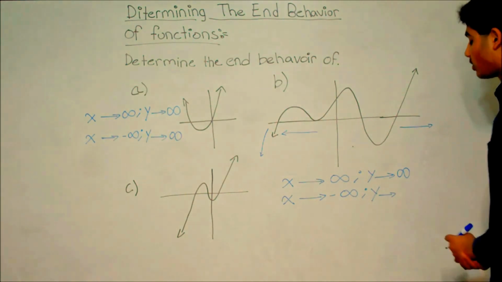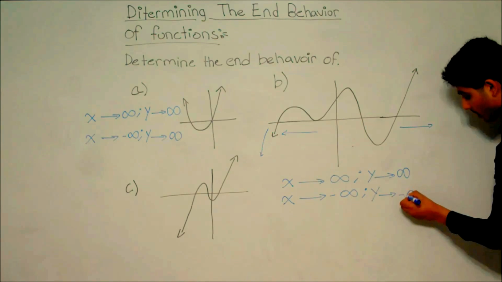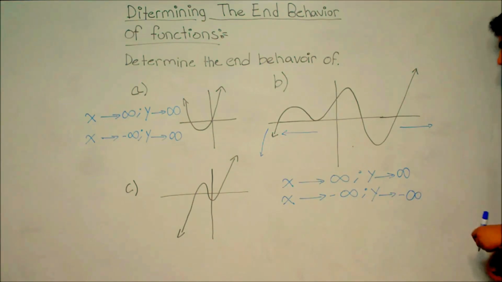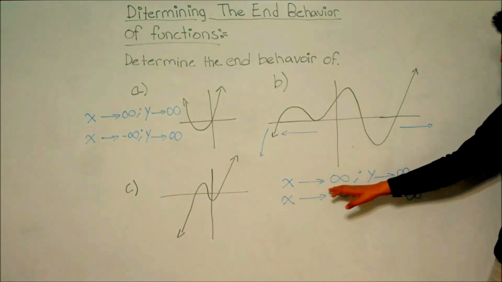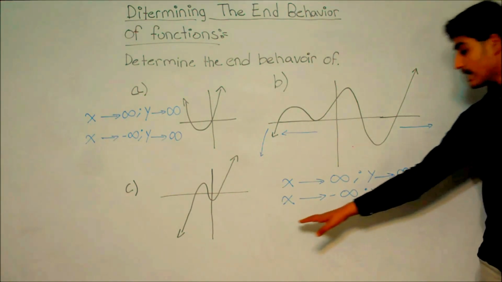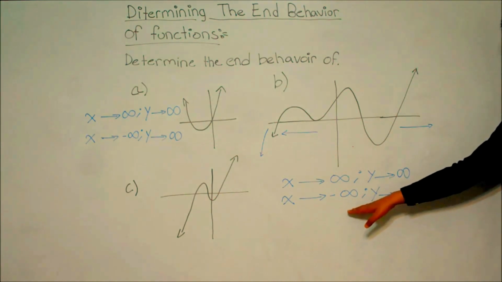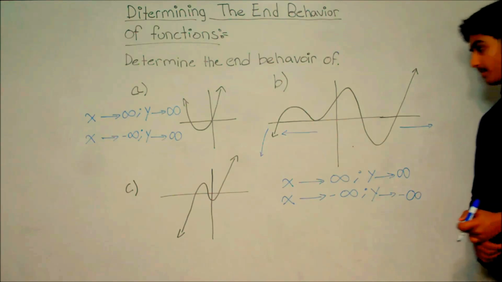So y is going closer to negative infinity. So the answer to problem B is as x goes closer to infinity, y also goes closer to infinity, and as x goes closer to negative infinity, y also goes closer to negative infinity.